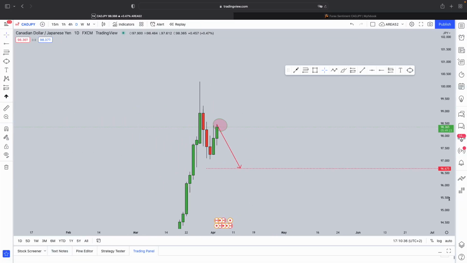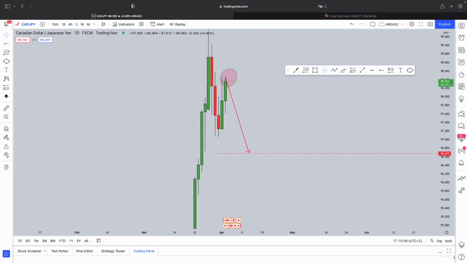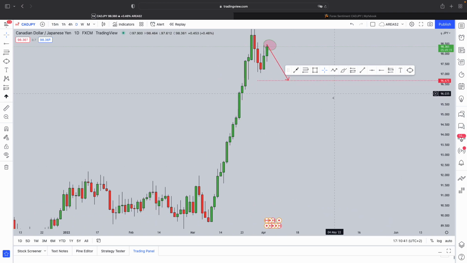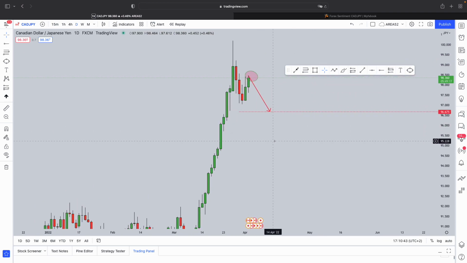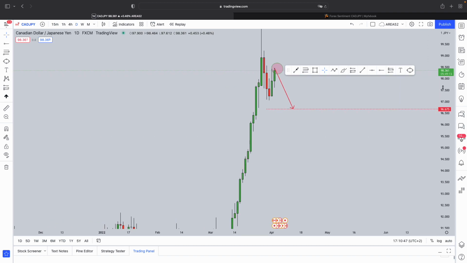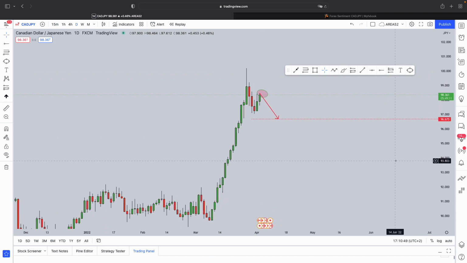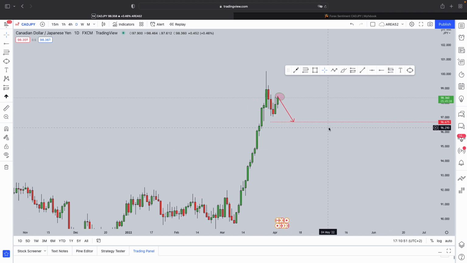The reason why I say that this pullback is expected is because this market is well overbought, and I think it's time for some profit taking for these hedge funds and then get in at a lower price, because the overall long-term economy is doing quite well. So there's no doubt that the Canadian dollar is going to increase in strength against the JPY. But if you're going to invest in the long term, the best thing you want to do is buy a currency at a low price and then hold that wave.